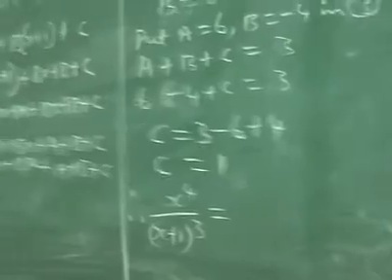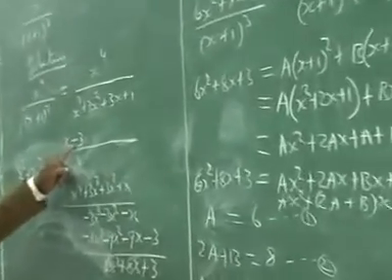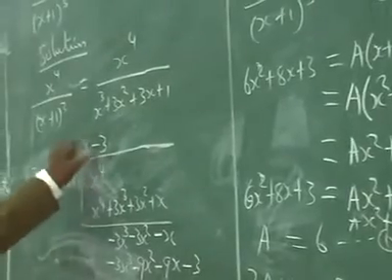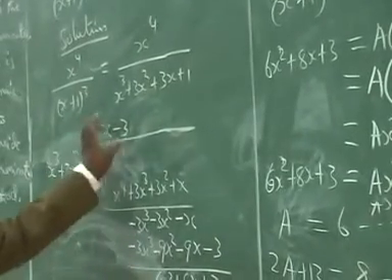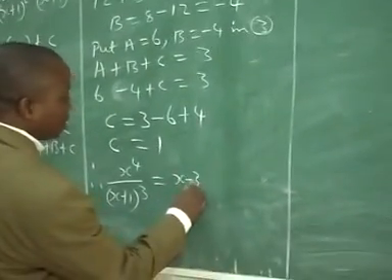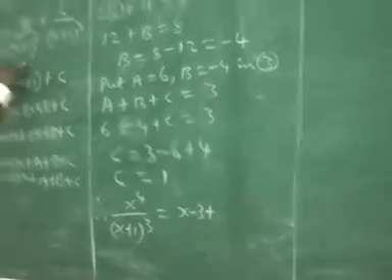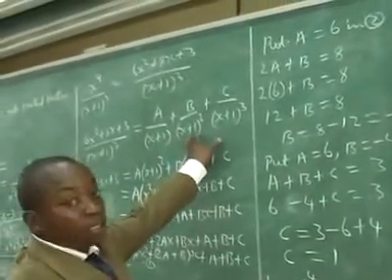Then we'll now come back and pick the one that we got during long division. It is equal to x minus 3 plus then these ones.